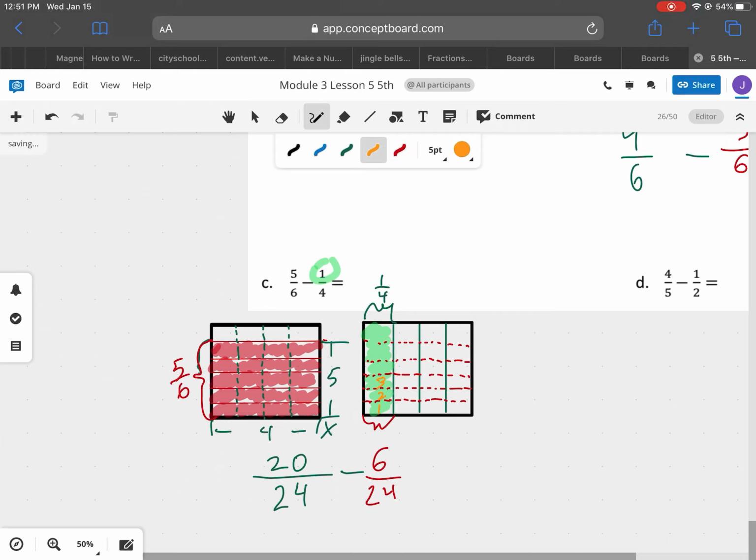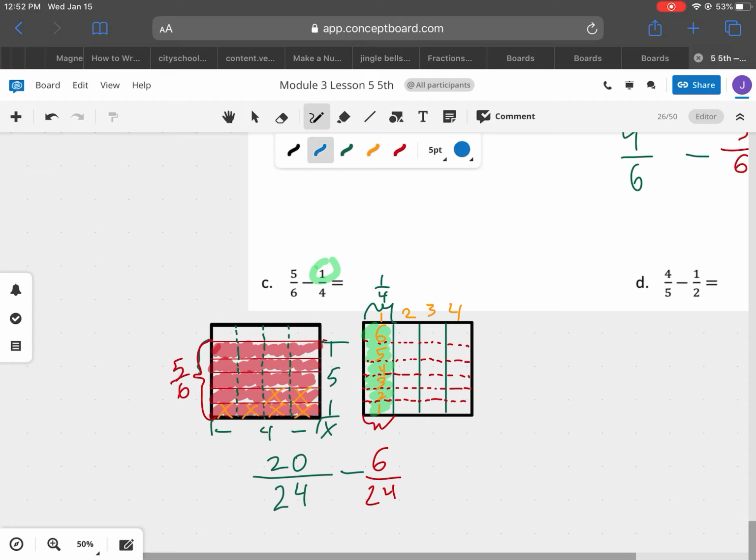One, 2, 3, 4, 5, 6, and it's 4 across. 1, 2, 3, 4. 4 times 6 is 24. So now I'm going to cross out 6 of these. 1, 2, 3, 4, 5, 6.